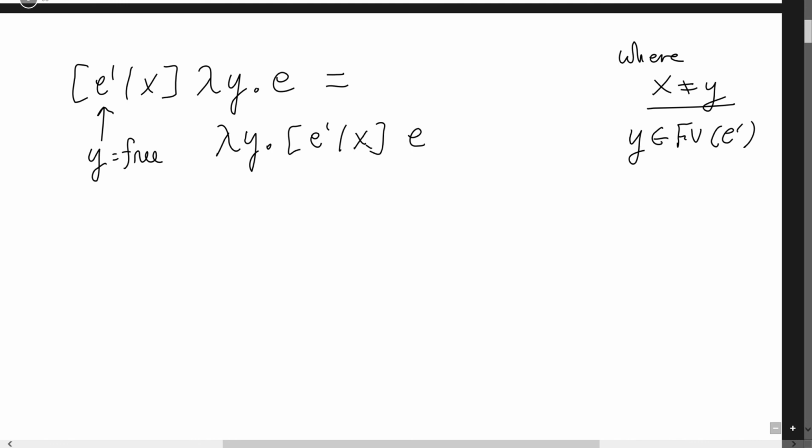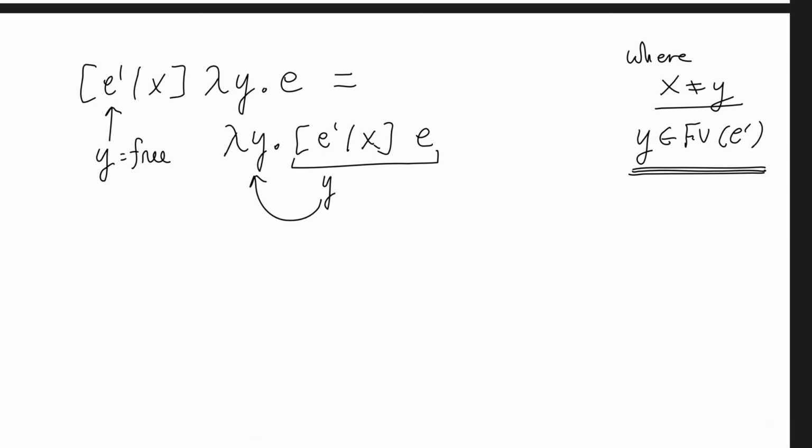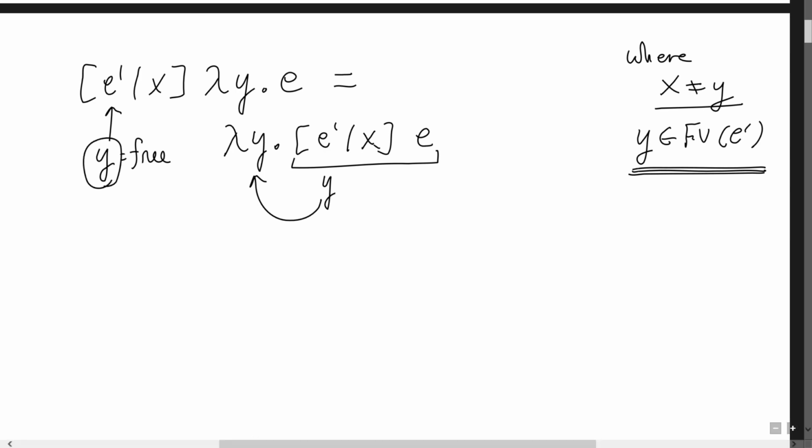But here, variable y suddenly becomes a bound variable because it has a corresponding lambda binder. So with the addition of this assumption, y is in the set of free variables of expression E prime, something bad happens here. This variable y, which is supposed to remain free, suddenly becomes bound.